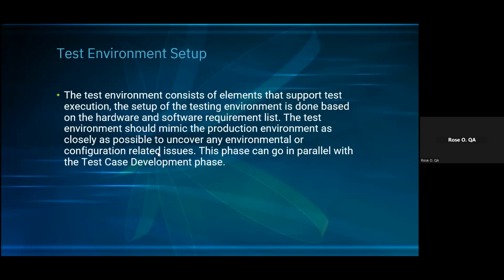The test environment should mimic the production environment. Anything that we are going to see in production is what we start testing from the test environment onwards. So it should be very close, in fact, more like what is in production, because most of the time, data in production is run into all these environments.